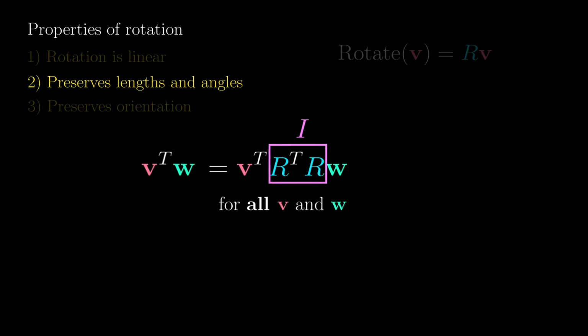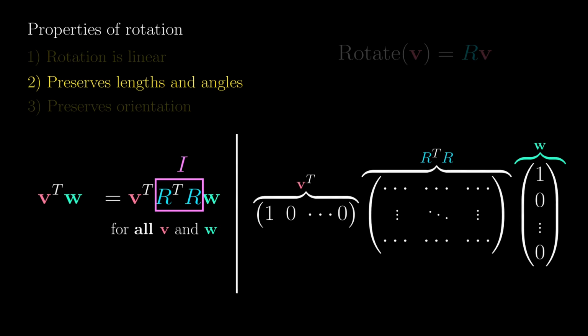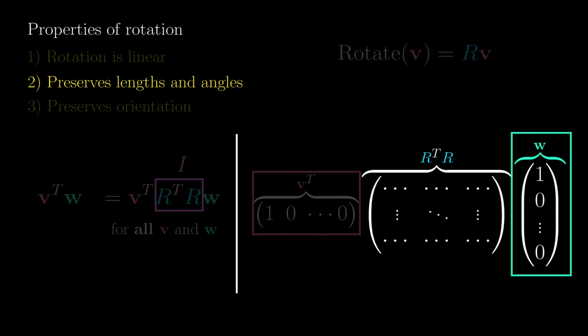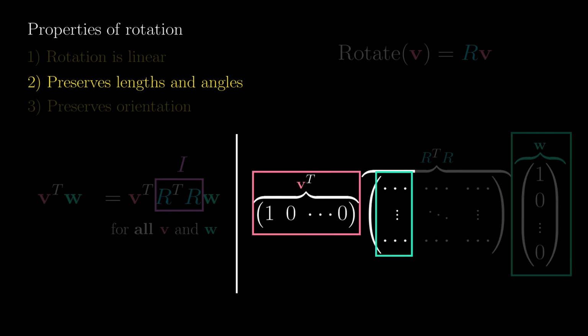If this feels too much of a jump in reasoning, think about the cases where v and w are basis vectors. As an example, we take v and w to be the first basis vector. If we first multiply on the right by w, then it gives us the first column of the matrix R transpose R. If we then multiply it on the left by the first basis vector, then we have the first entry in the first column.